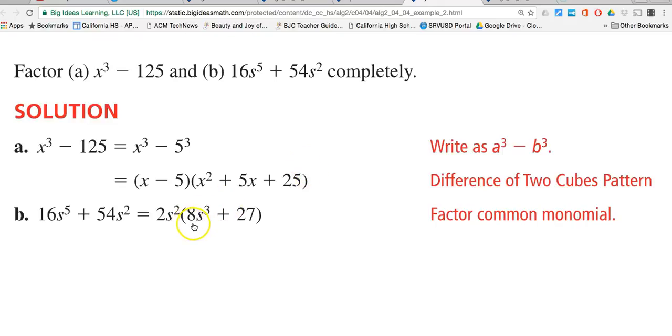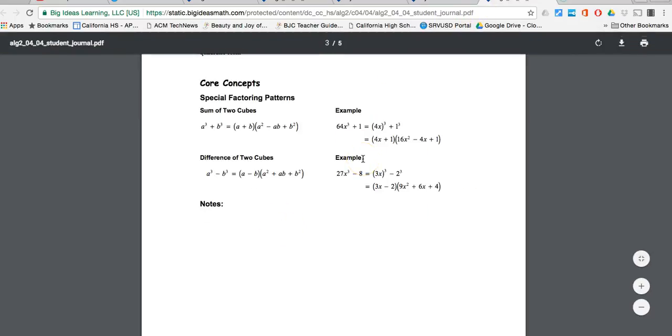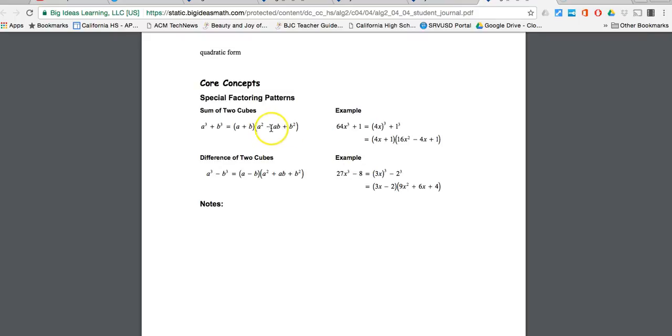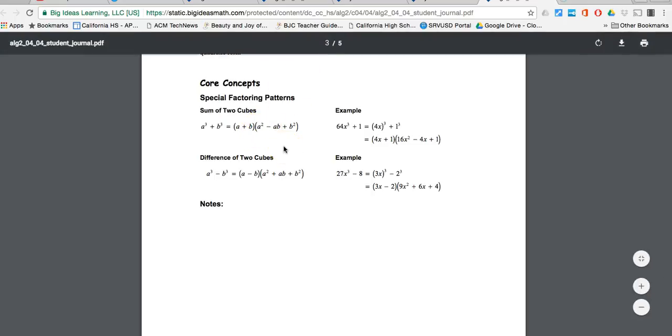Now that we know A is 2s and B is 3, I do want to point out, and I mentioned this in the special patterns video, that since we have an A value that is not just a variable, remember, we are squaring our entire A value. So this is not just going to be 2s squared. That's a common mistake people make.